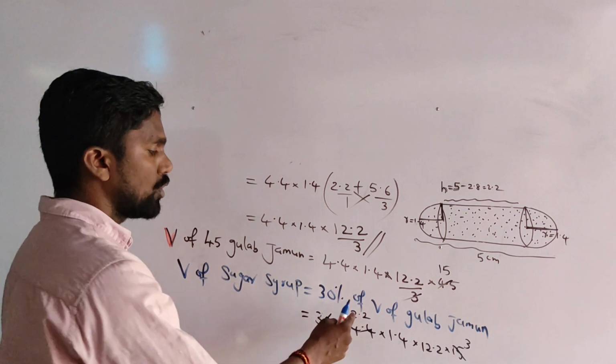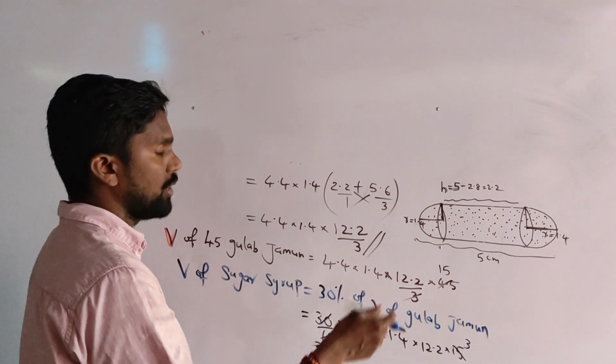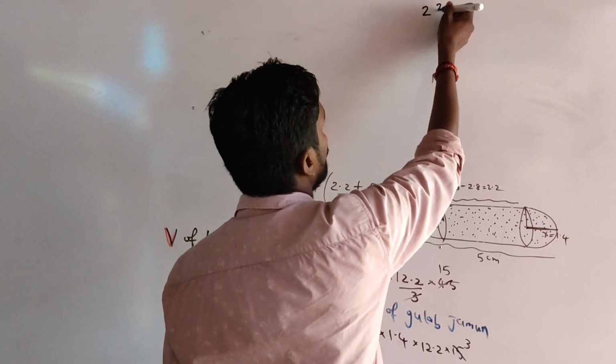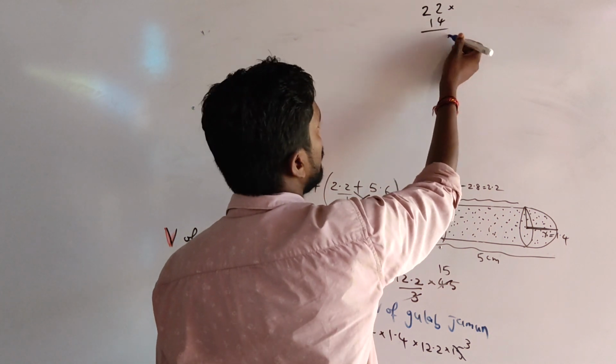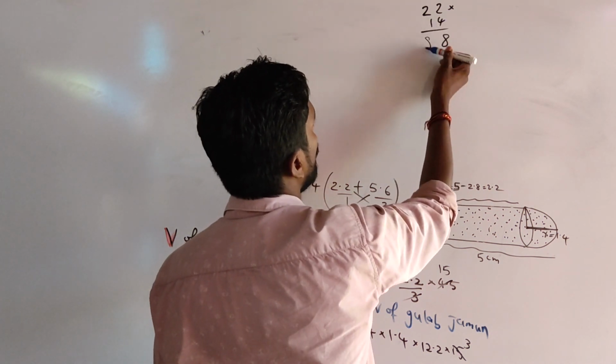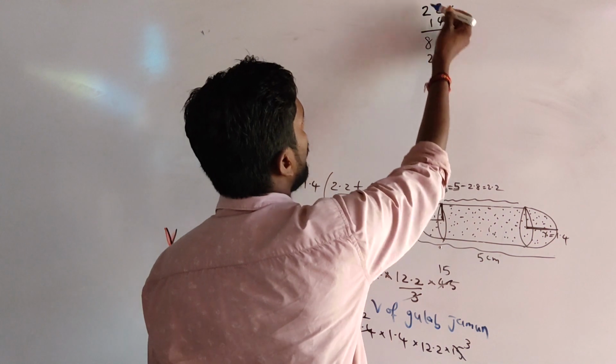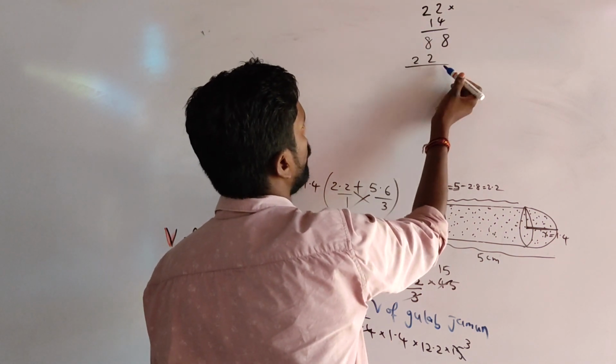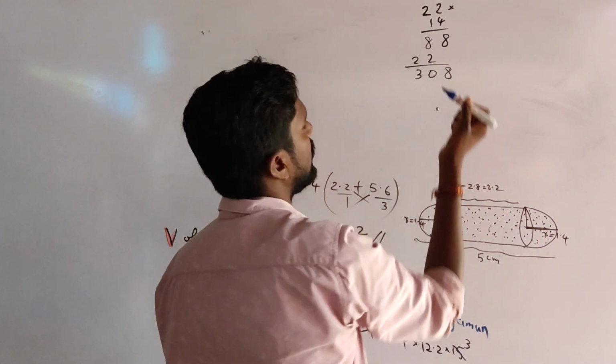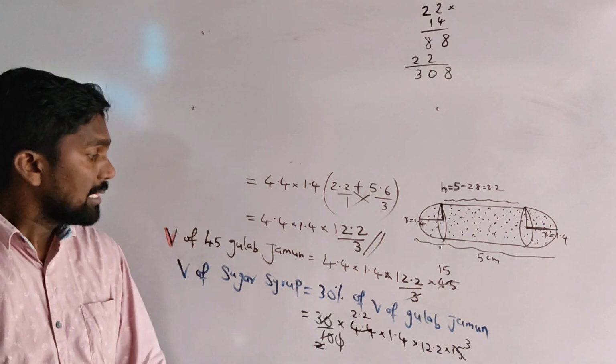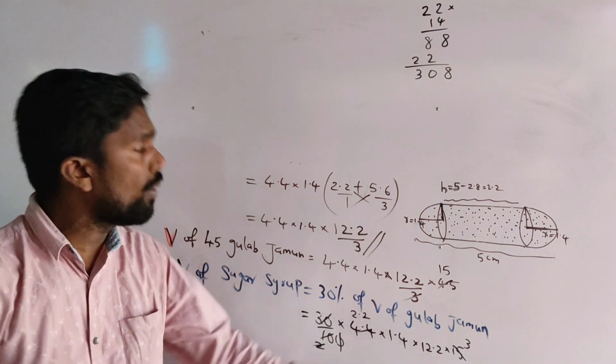We will get 22 into 44, that is 308. That 308 into 122.